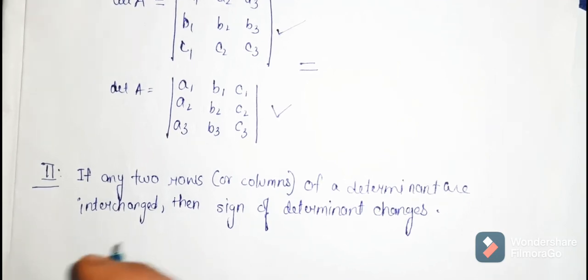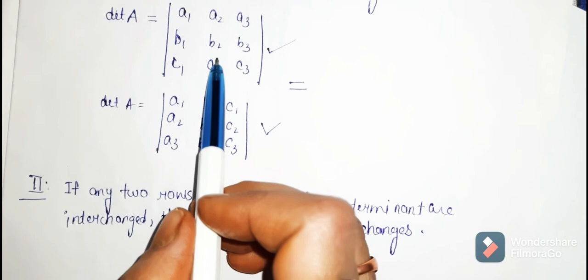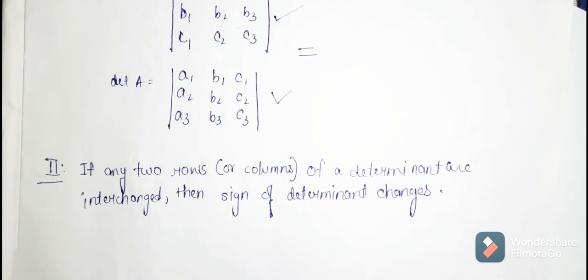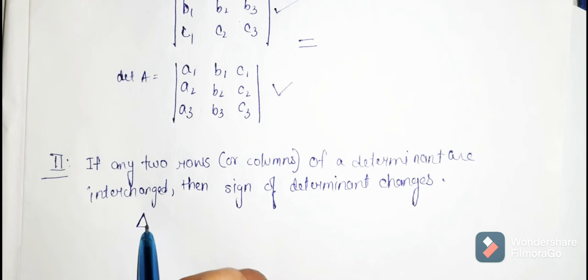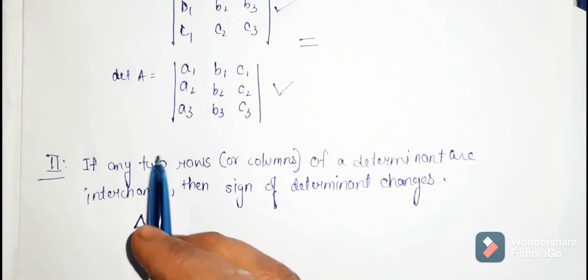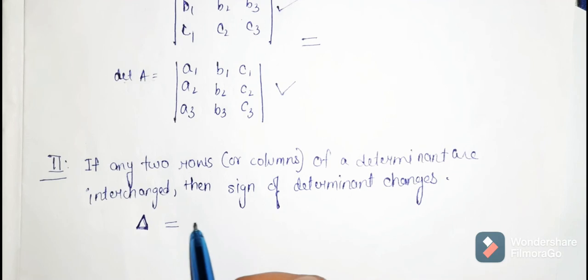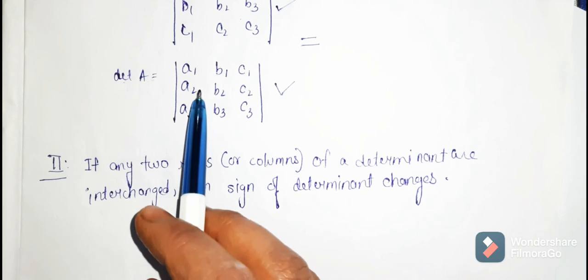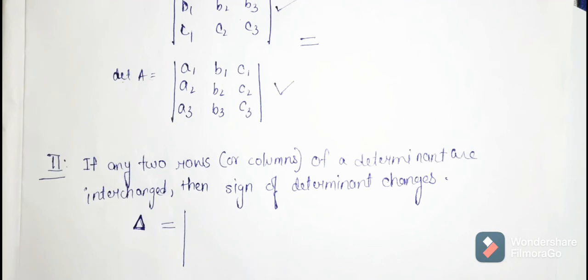Suppose we take the determinant, this one. One thing I forgot to tell you: this triangle is the symbol for determinant, so instead of writing the whole thing you can just write delta. And one most important thing: in matrices you have a square bracket, but in determinants it is not a bracket.